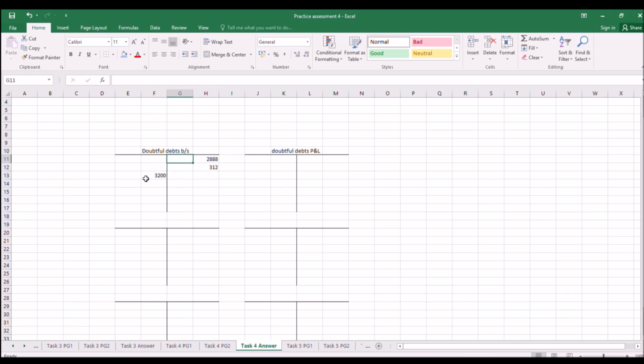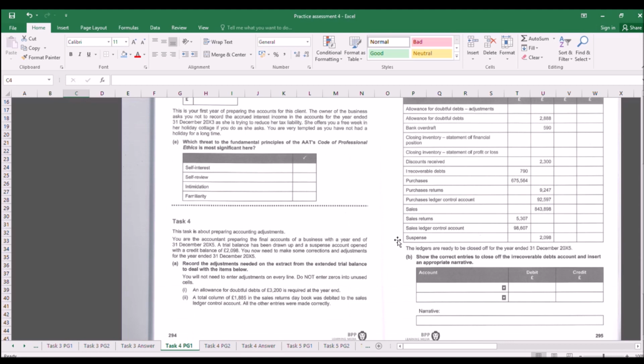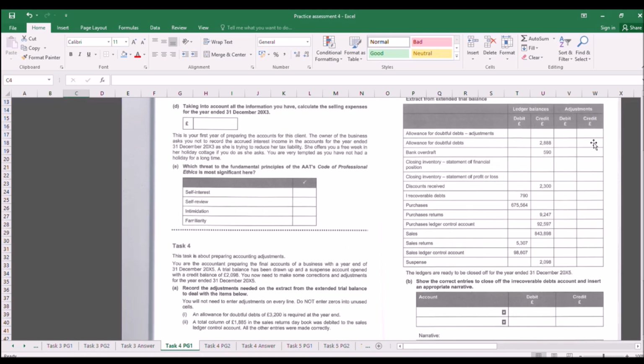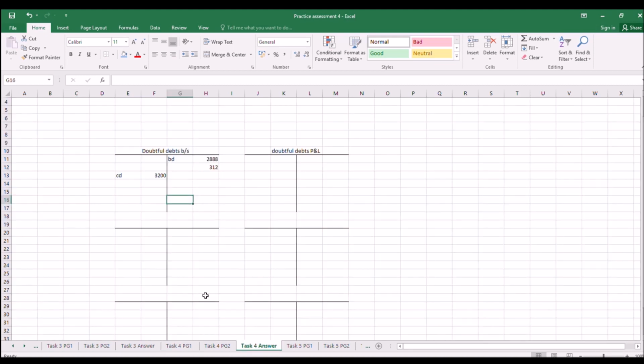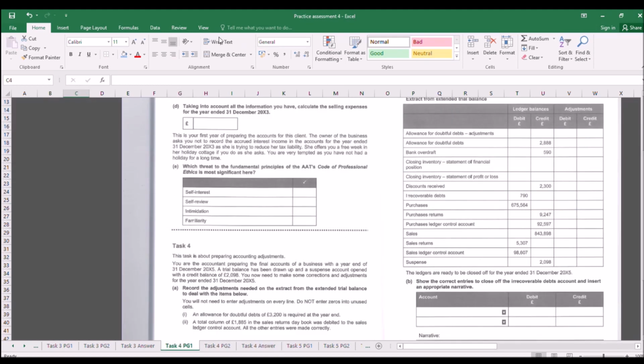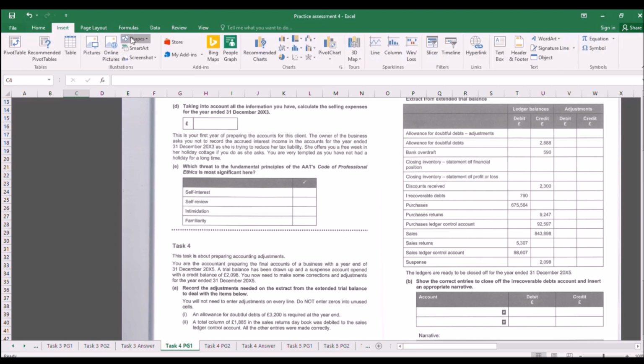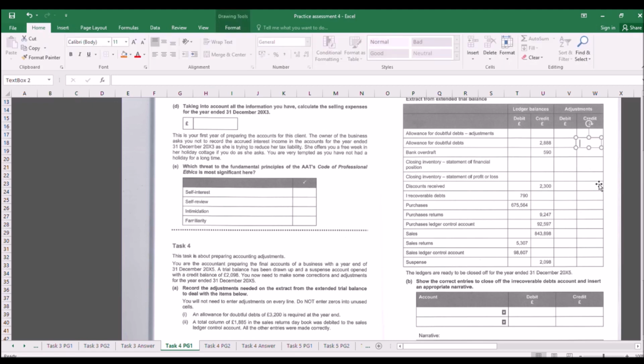Our carried down here will be there, our brought down here will be this one. So there will be 3,200 in here, and we've got to adjust for 312. So 312 is going to go into there, and it goes into the credit side.